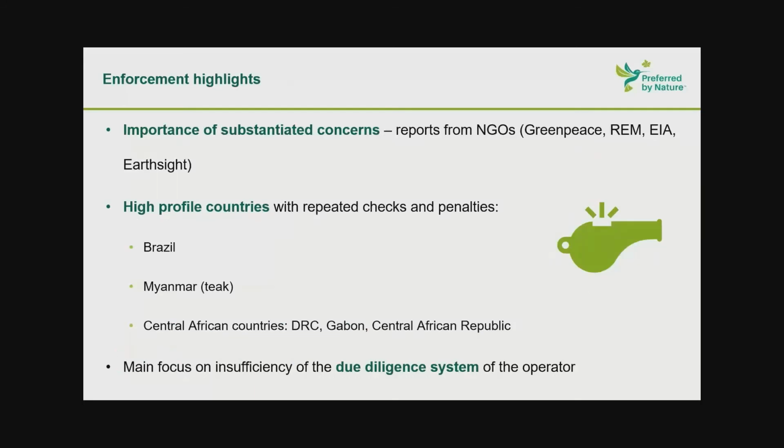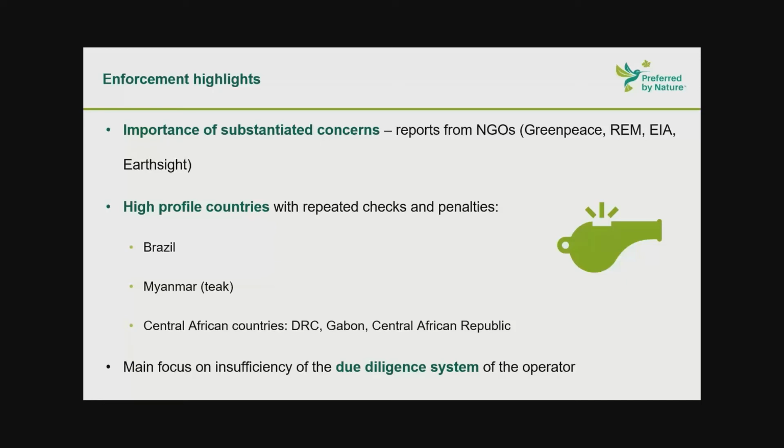Where do we see most cases of sanctions or most cases of conflict? That's normally when there are some substantiated concerns. So for example, if there's an NGO report regarding a supplier or an area in a country, and trade operators are sourcing from that country, area or supplier, then we see a lot of activity and a lot of sanctions happening.